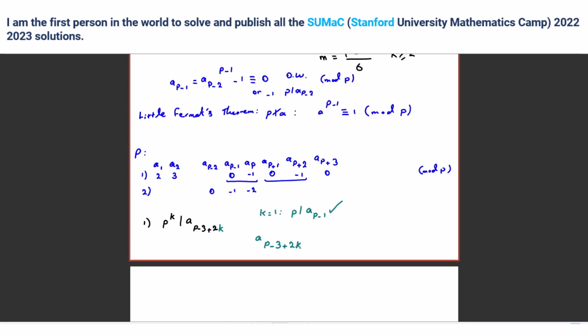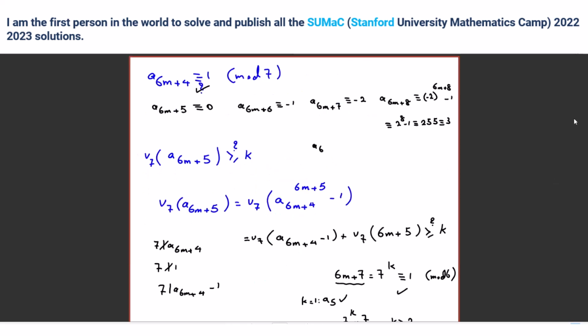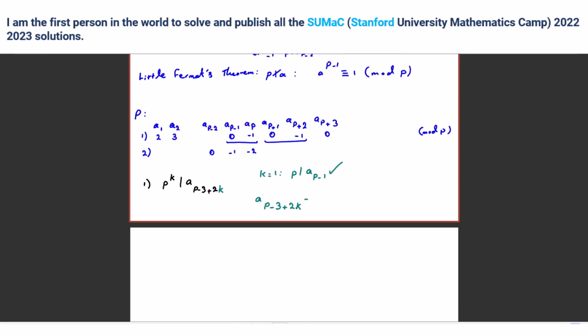Okay, so you say this one. If you want to prove it, we have to prove by induction. We know that p to the k divides this. You want to go from k to k plus 1. Then you say, okay, a to the p minus 3 plus 2k plus 1 is equal to a to the p minus 3 plus 2k to the p minus 3 plus 2k plus 1 minus 1.